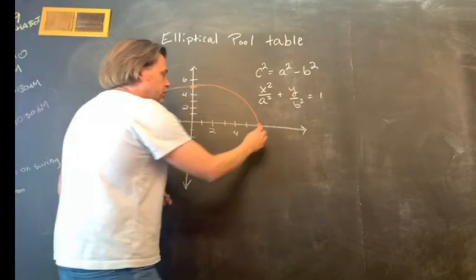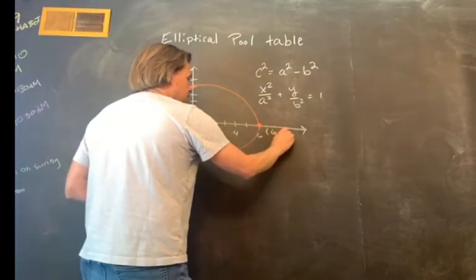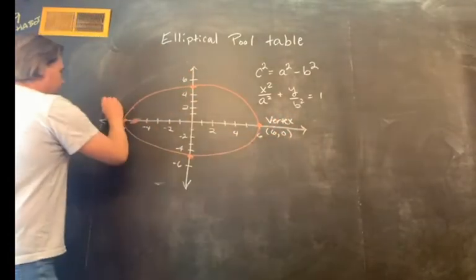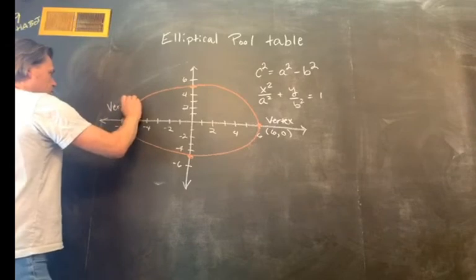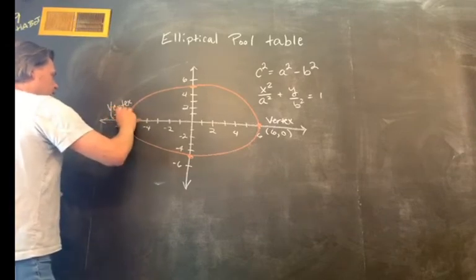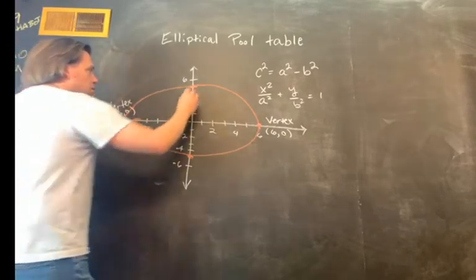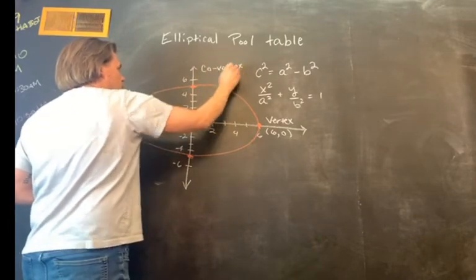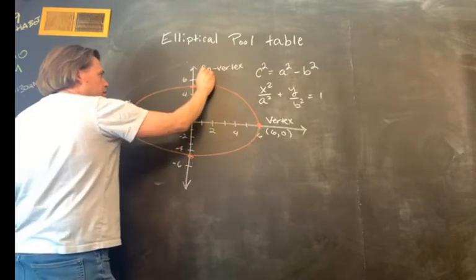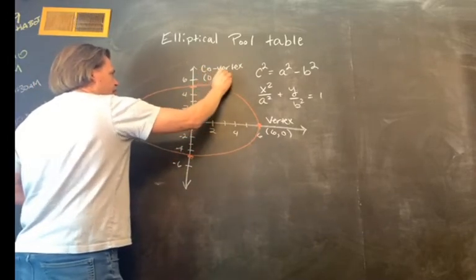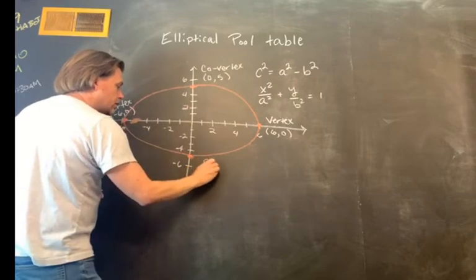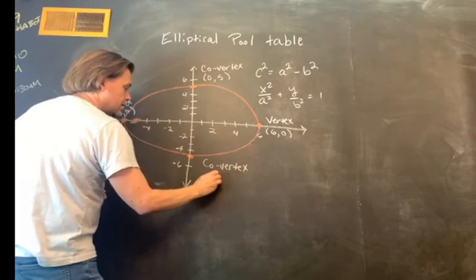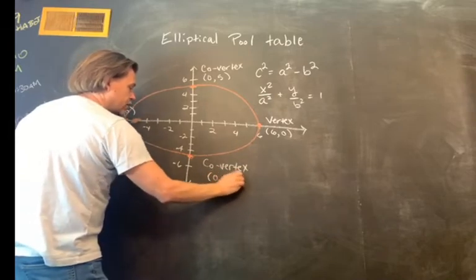This is your vertex. Your vertex is (6, 0). And this is your other vertex, (-6, 0). And this up here is called a co-vertex, and it is (0, 5). But then here's another co-vertex. It is (0, -5).